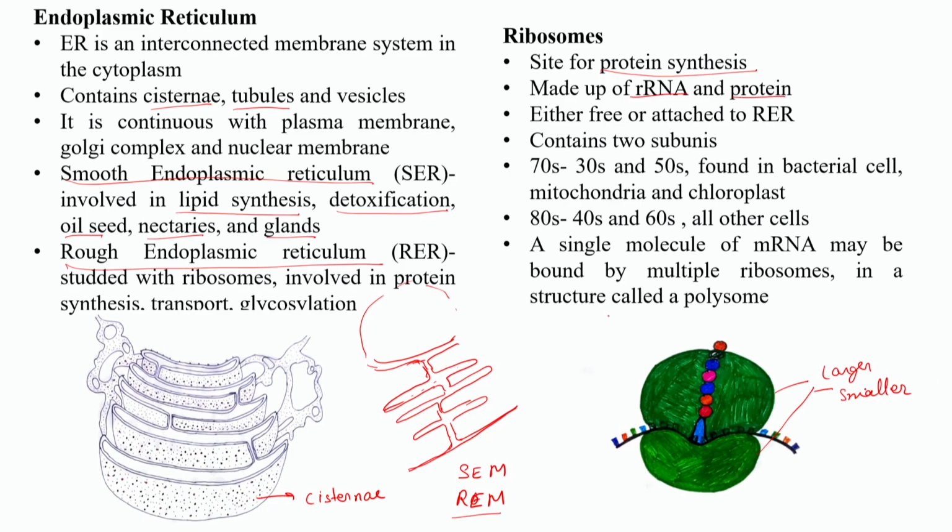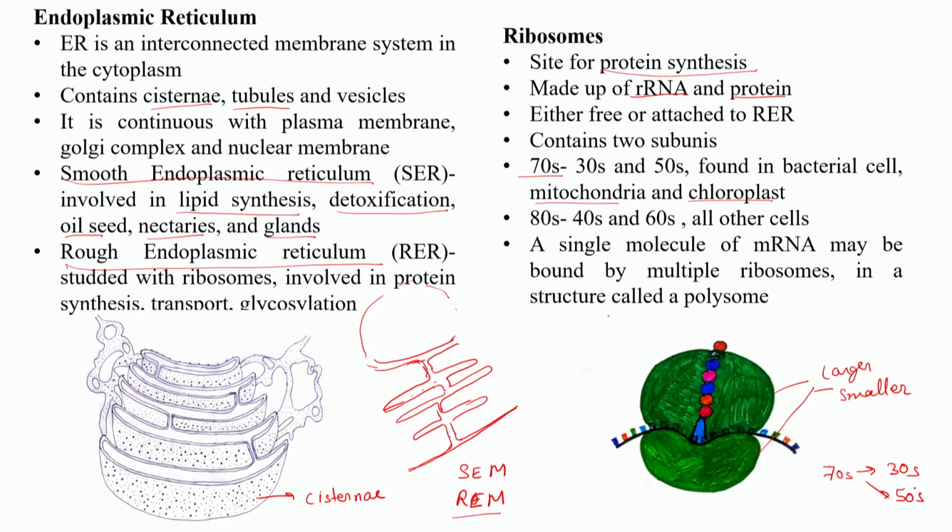These ribosomes differ in type between prokaryotic and eukaryotic cells. In prokaryotes, and also in mitochondria and chloroplasts, the 70S type is found, with subunits further divided into 30S and 50S.